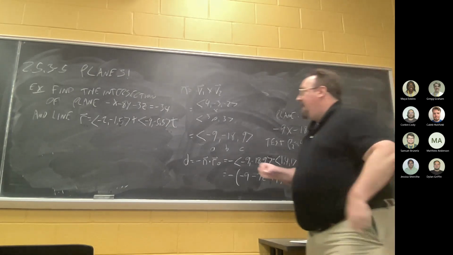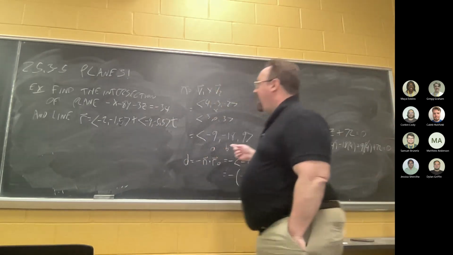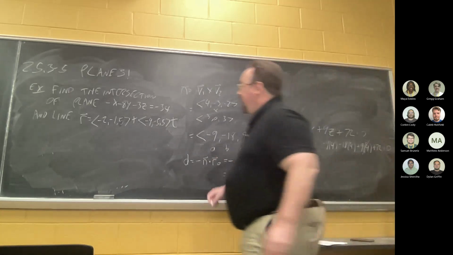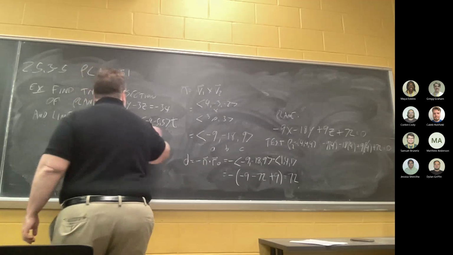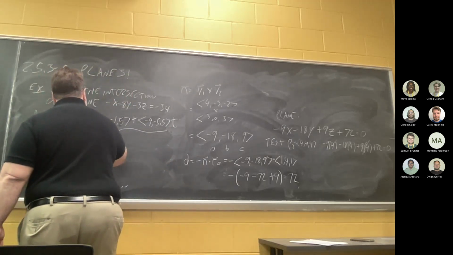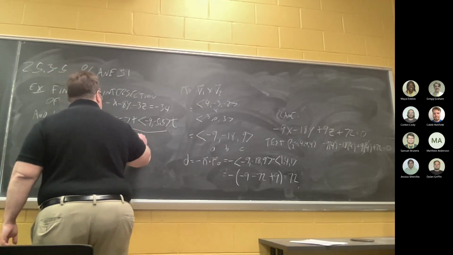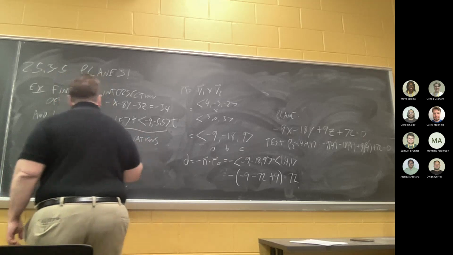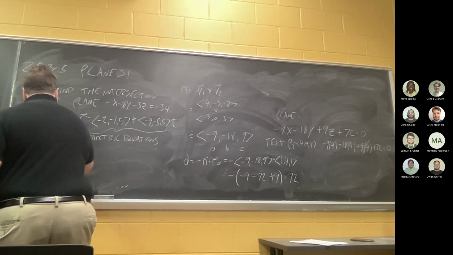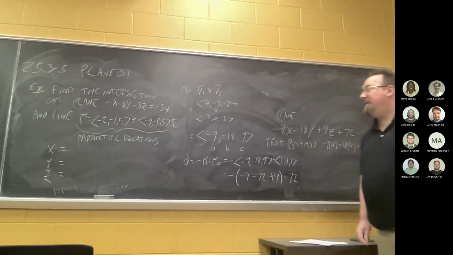Now, since the equation of a plane deals with x, y, and z, it'd be nice to have that kind of description for the points in the line also. So take this and write it in terms of parametric equations for x, y, and z individually. So what would the parametric equations of this line be?